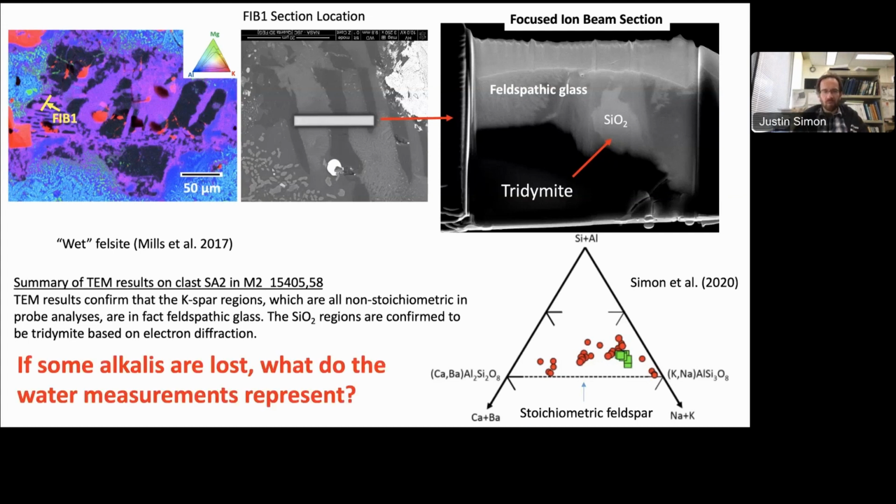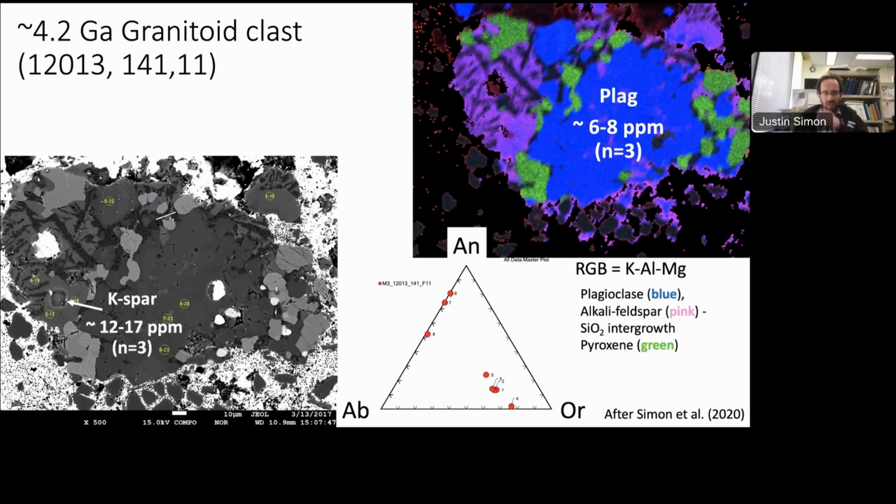So if there's a volatile loss, if there is some evidence of alkali loss, then what does the water measurement of this represent? Basically we're doing a similar combination of looking at the mineral chemistry and the mineral microstructures for these samples that we just talked about in terms of their volatile content. Here you can see the ternary of anorthite, albite, and orthoclase, so that's calcium, sodium, and potassium end members of feldspar.